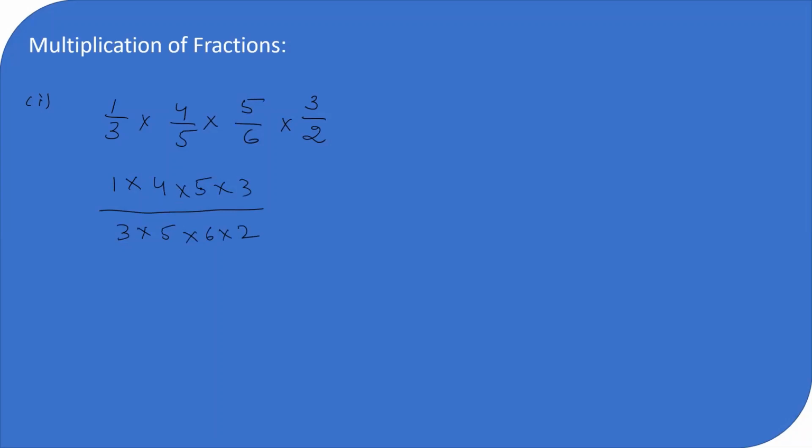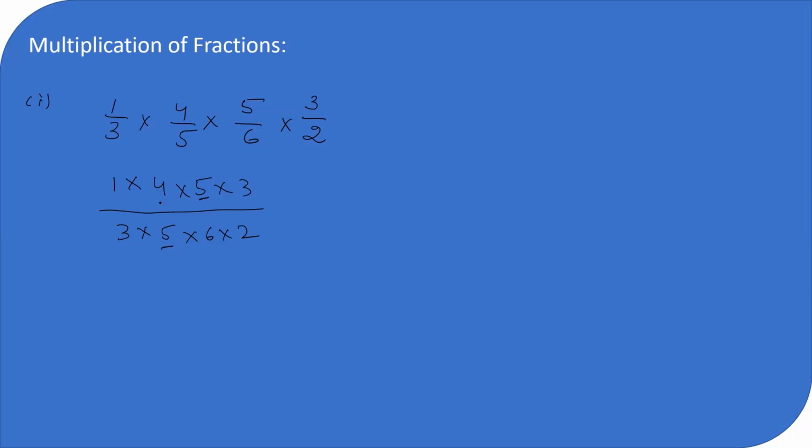Before doing actual multiplication, please follow a shortcut, the cancellation method. In the numerator, we have 5. In the denominator also, we have 5.